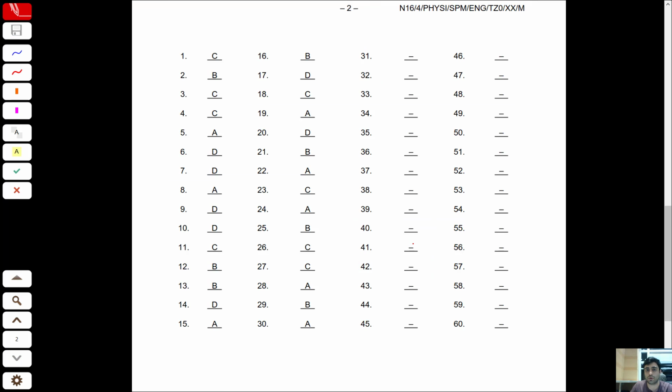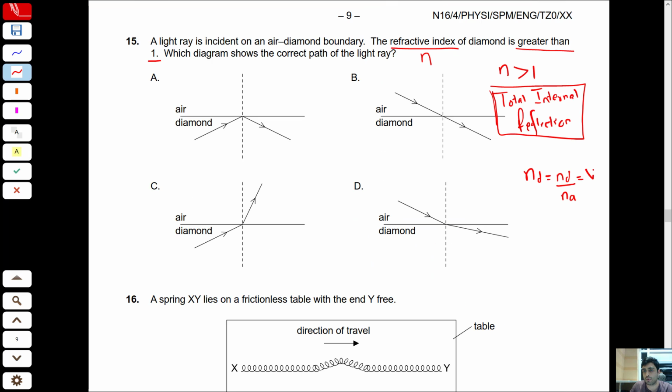If you follow this equation, it equals the velocity of the light ray in air divided by the velocity of the light ray in diamond. If it's bigger than 1, it means this one has to be small. So just remember, whenever the refractive index is bigger than 1, total internal reflection happens.